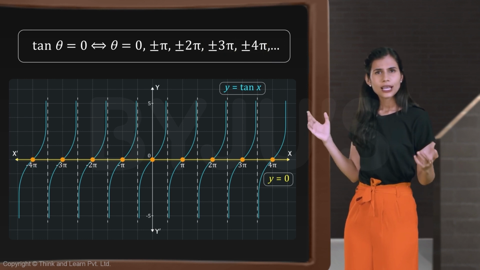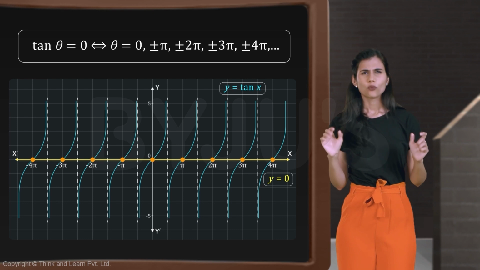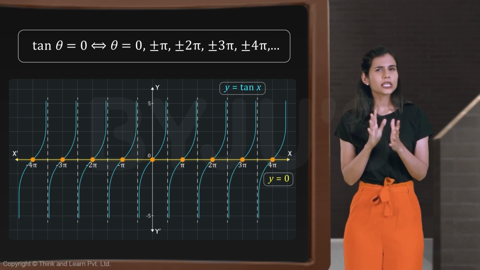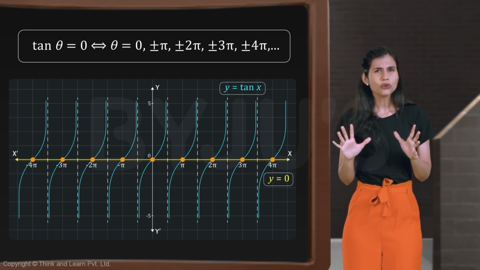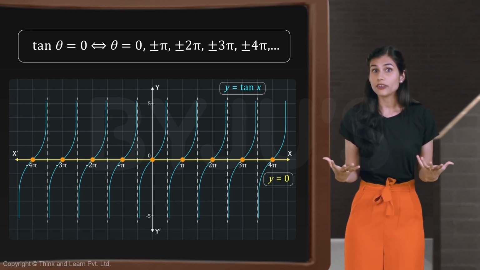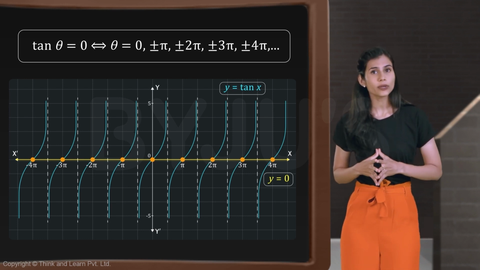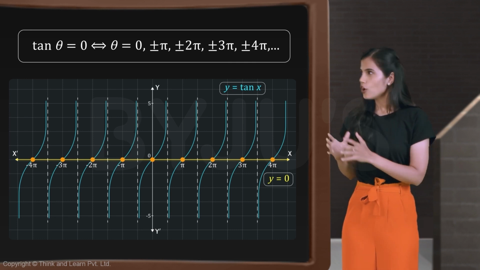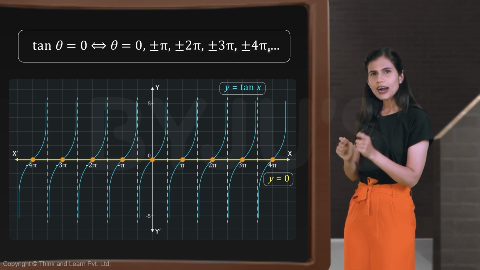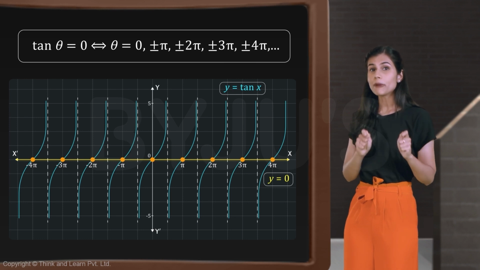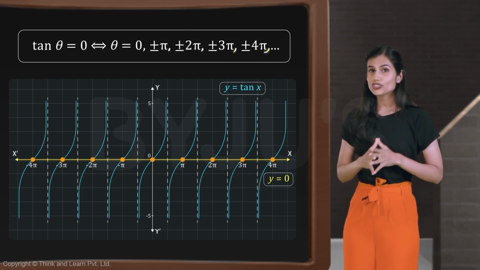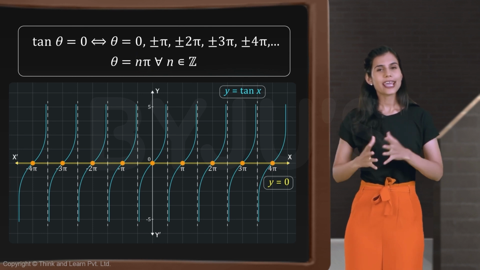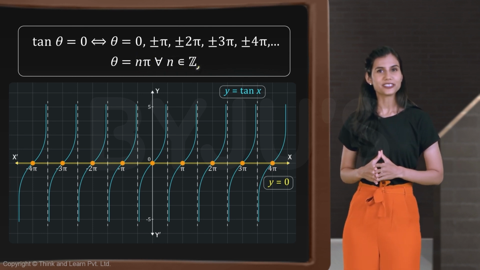But wait, what are these angles? Can you decode something common among them? You know, any comments on the generalized look that they all are following? Think. Yes, all these angles are actually integral multiples of pi, which in the compact form can be written as n pi, where n varies over the set of all integers.